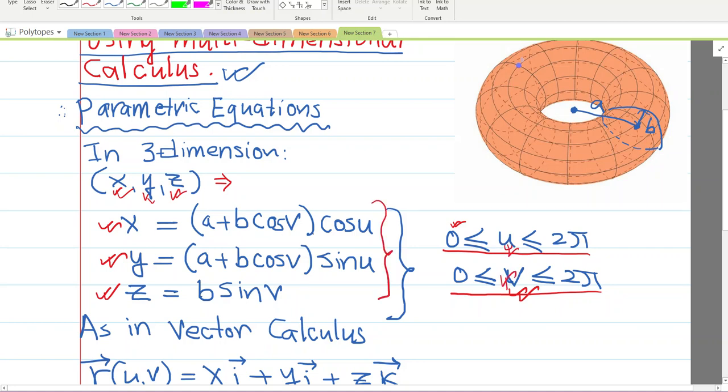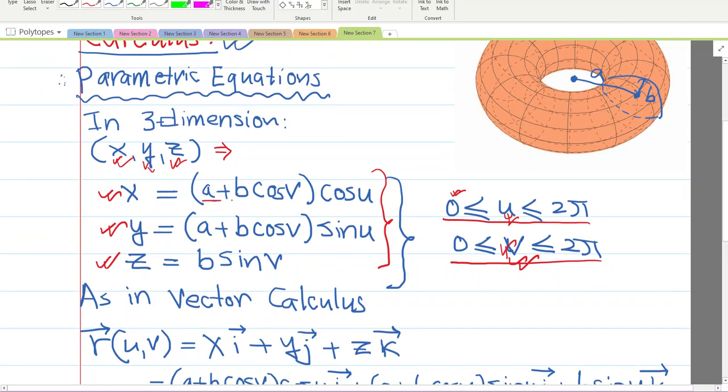Okay, all sine and cosine, where A and B are already explained in this diagram.